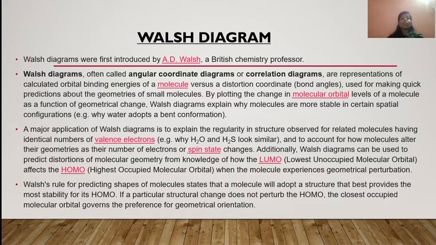Additionally, Walsh diagram can be used to predict distortion of the molecular geometry from knowledge of how the LUMO affects the HOMO when the molecule experiences geometrical perturbation. Here we explain why two molecules can have the same number of valence electrons but different geometry. The different geometry can be studied with the help of the highest occupied molecular orbital and lowest unoccupied molecular orbital, on the basis of why the molecule experiences geometrical perturbation.